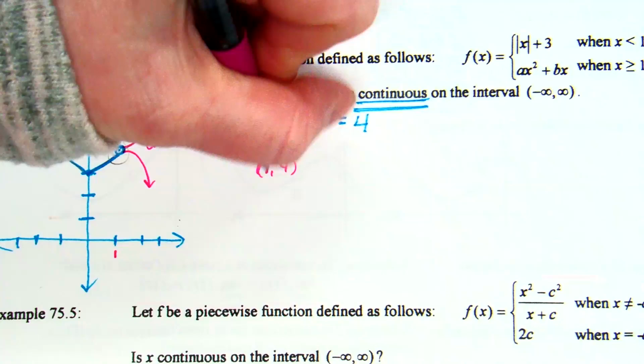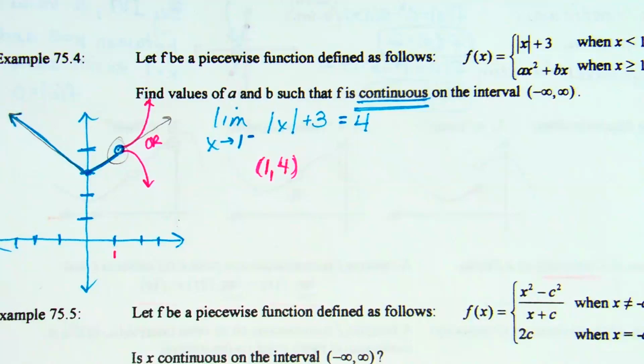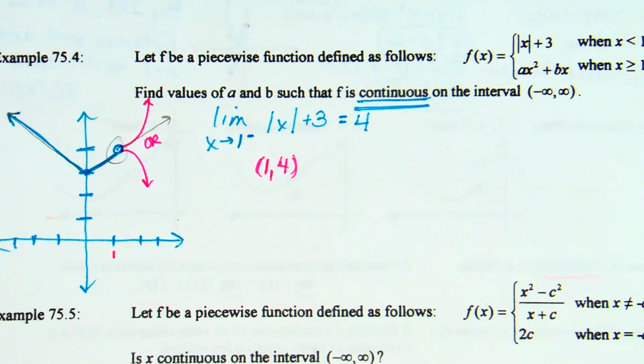Okay, so we need the limit from the left to equal 4, which means the limit from the right also has to equal 4, which means the value of that point has to equal 4. Because remember, the limit from the left, the limit from the right, and the value at that point all have to equal 4.